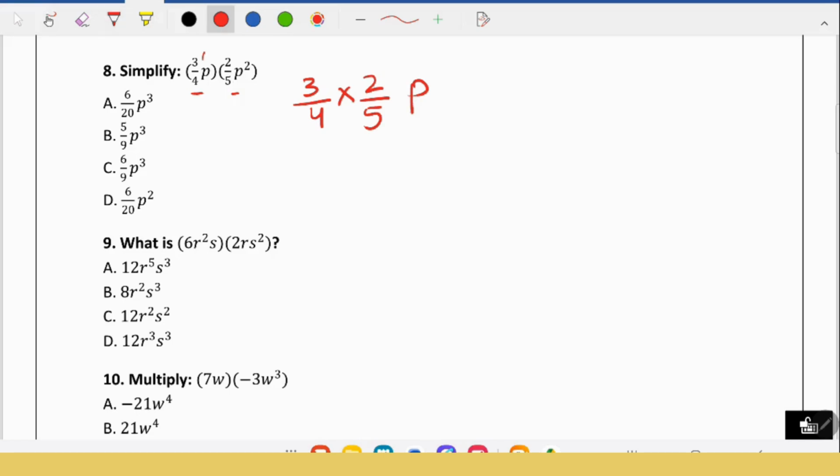I'm going to add their powers. 2 plus 1 is 3. I have to look at my options. In the options it is not simplified, so I'm not going to simplify here. I will just multiply. 3 times 2 is 6, and 4 times 5 is 20p³. 6 over 20p³. This is A here.